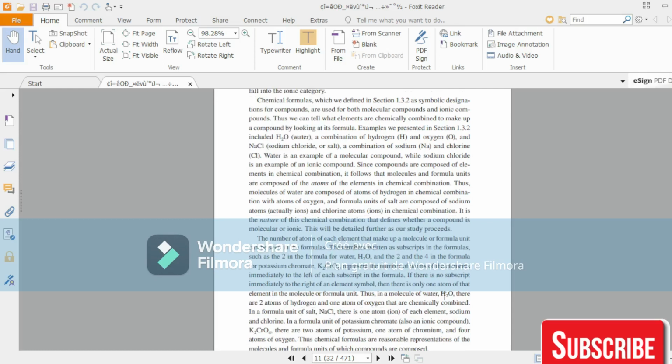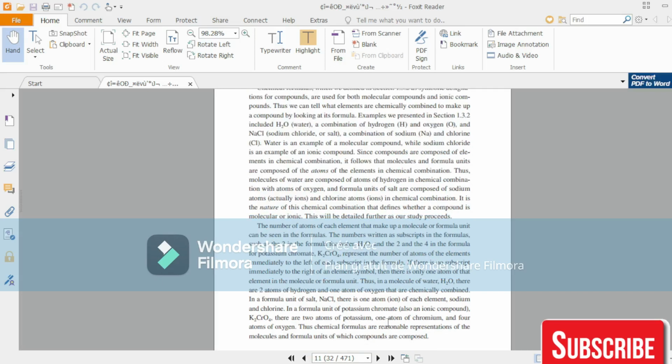If there is no subscript, the element has one atom. Thus, in the molecule of water, H2O, there are 2 atoms of hydrogen and 1 atom of oxygen chemically combined. In a formula unit of salt, NaCl, there is one atom, which is an ion, of each element, sodium and chlorine. In a formula unit of potassium chromate, also an ionic compound, K2CrO4, there are 2 atoms of potassium, 1 atom of chromium, and 4 atoms of oxygen.